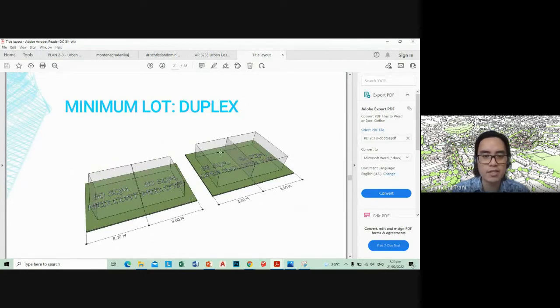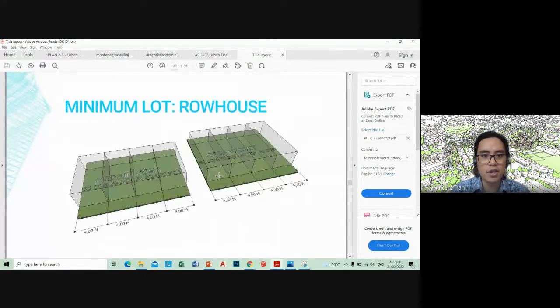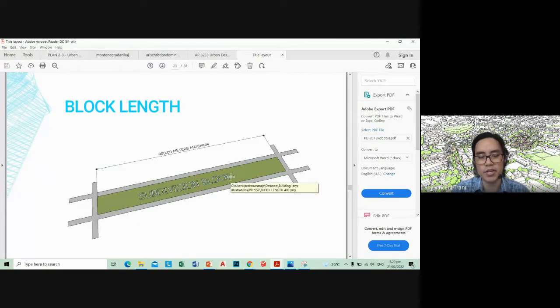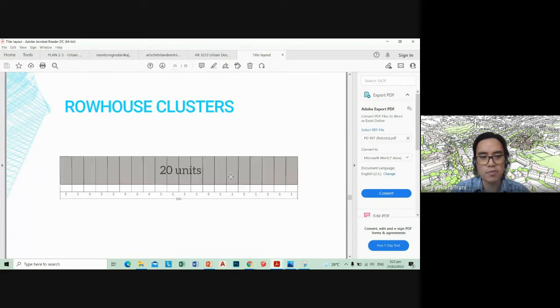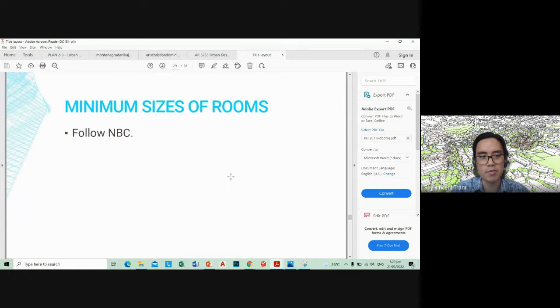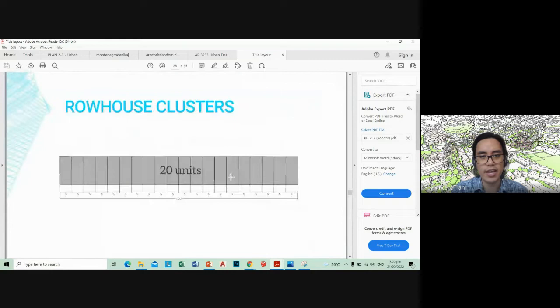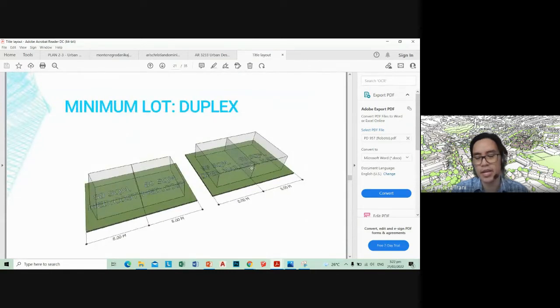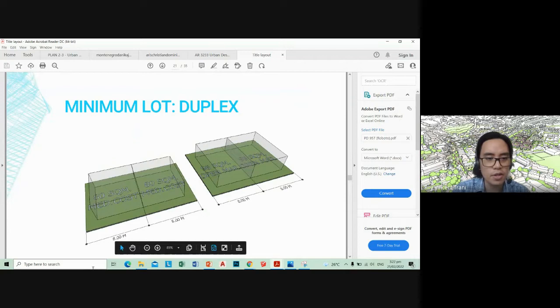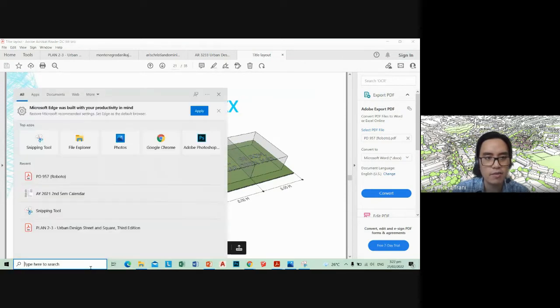You have duplexes, you have row houses, but you don't have mid-rise buildings because even in the 1970s Philippines, we realized that this type of housing would not be feasible. We could make mid-rise buildings, but who would be able to afford it? So if you want to make housing for the lower income to middle income class, you really have to go for row houses and duplex type.